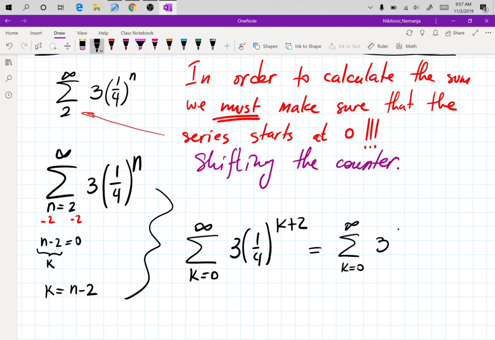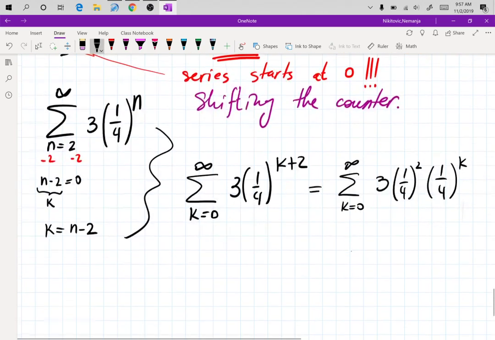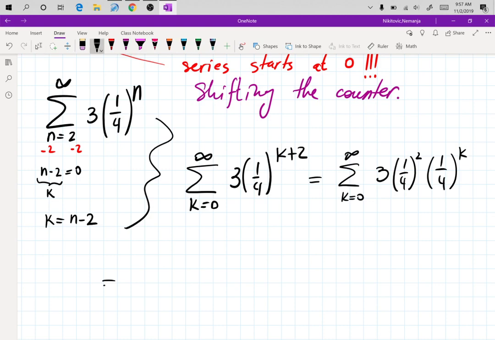So you have 3 times, and now here's my 1/4 squared, and here's my 1/4 now to the k. Finally, the problem is transformed into the sum from k equals 0 to infinity of 3/16 times 1/4 to the k. Remember how I told you that the original a is a lie? You move the extra bits into the a, and that's all.